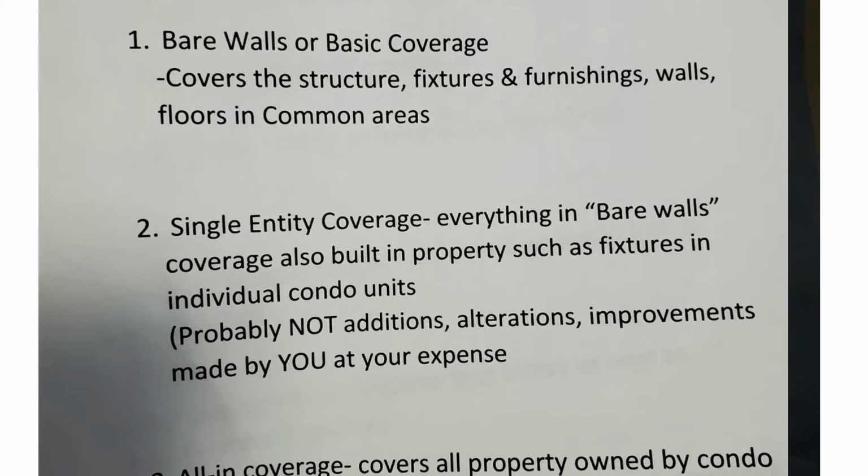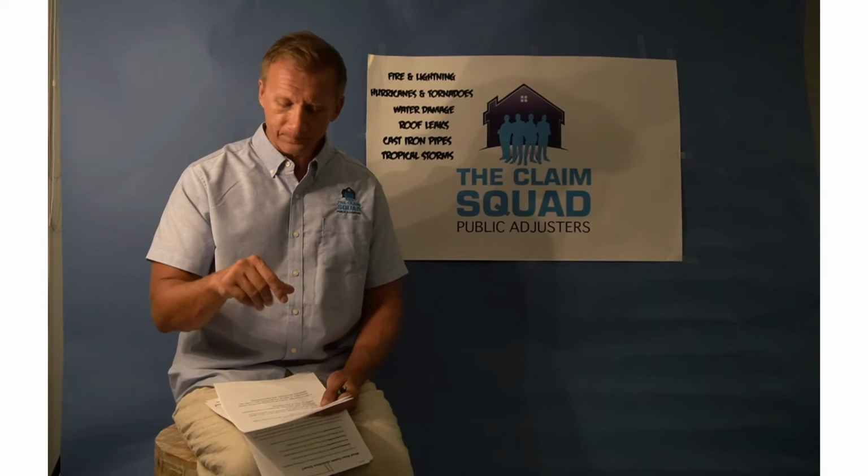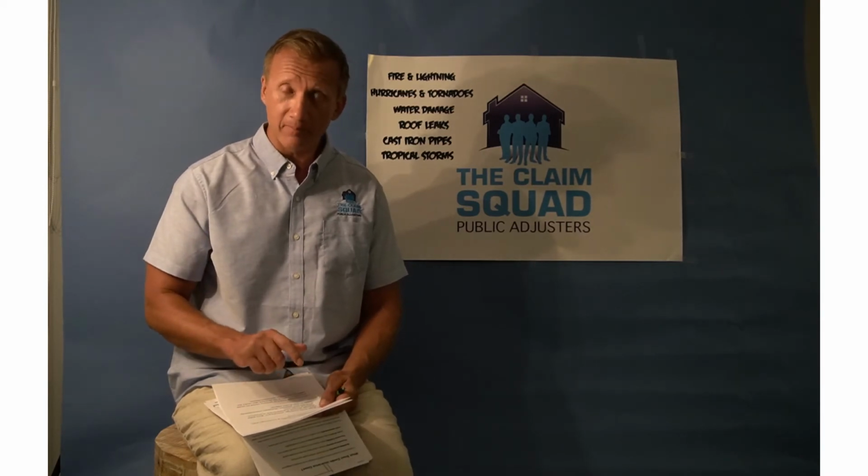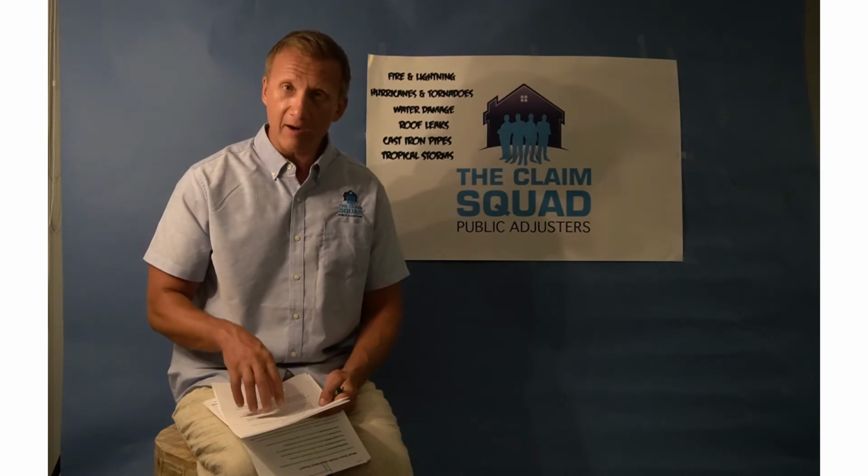So if there's some type of fixture that has already been there, that would be covered underneath the master policy. However, an exception: if you did any improvements, additions, or alterations with your own money in your unit, that would not be covered at all under this specific master policy, which is number 2, single entity coverage, if your condo association has it.